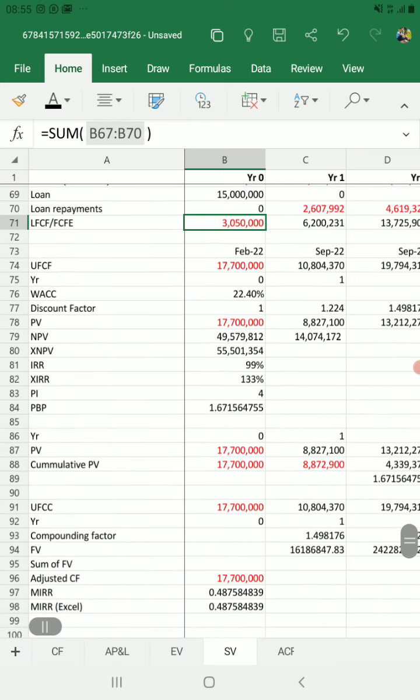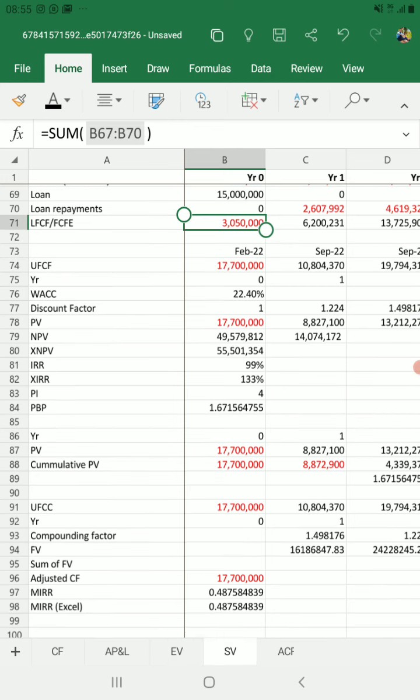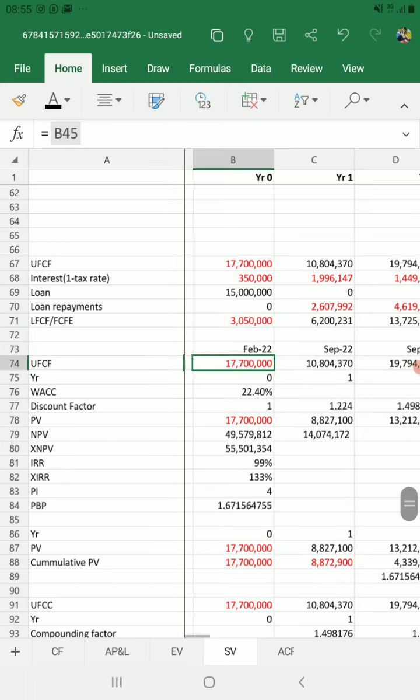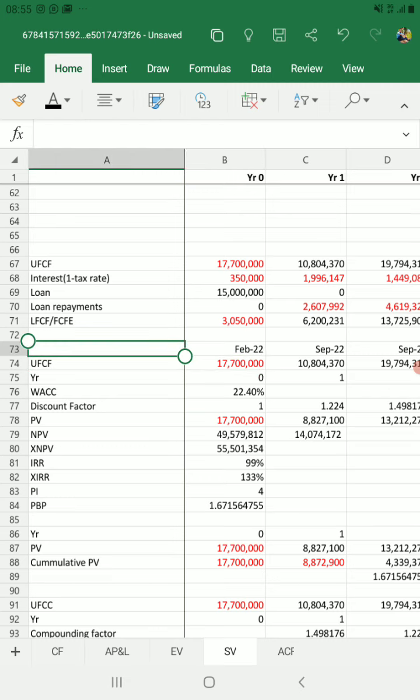For enterprise value, as I said, this is using unlevered free cash flow, and in our valuations here we have used unlevered free cash flow, so it's okay. For shareholders value, now we are going to make changes here. Instead of unlevered free cash flow in our computation, we will use levered free cash flow.